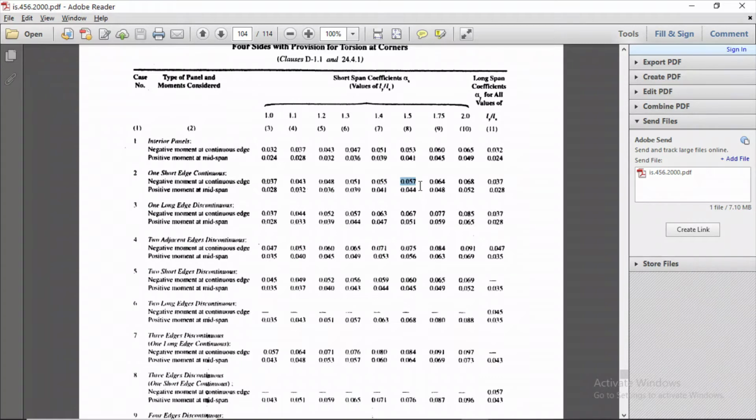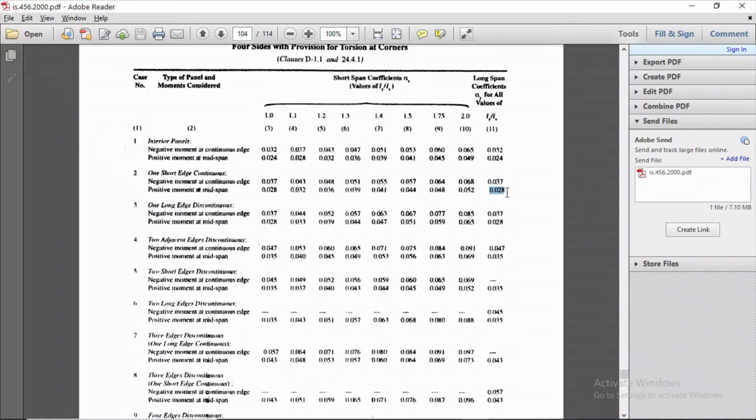So after doing interpolation, we get the value as 0.058, and similarly for positive, for mid-span moment, we get a value of 0.045. For alpha y, longer span coefficient, we no need to do interpolation, directly we can select the value, that is minus 0.037 and plus 0.028. So these are the bending moment coefficients that we got.